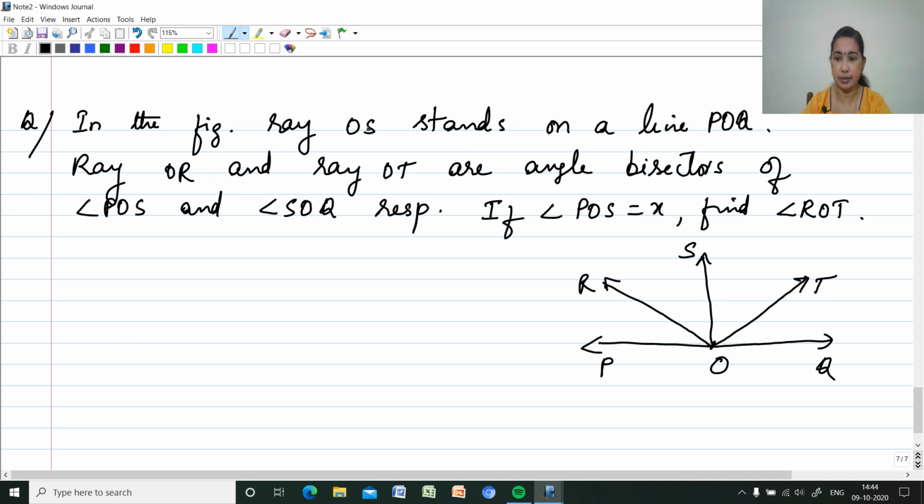Ray OS stands on a line PQ. Rays OR and OT are angle bisectors of POS and SOQ.